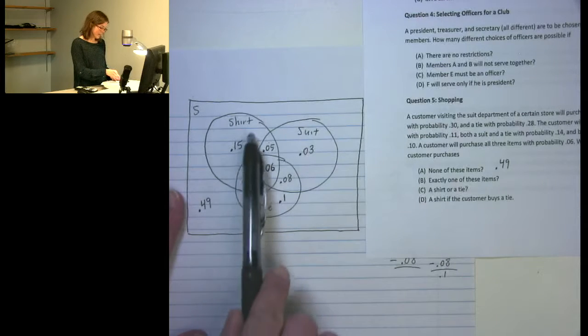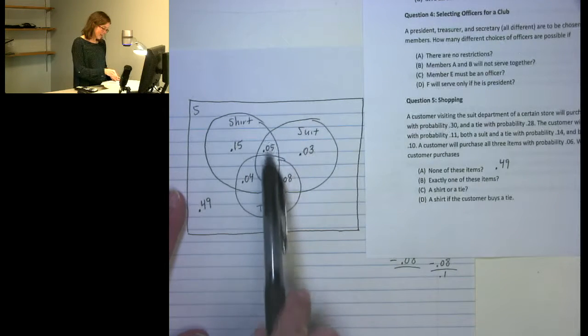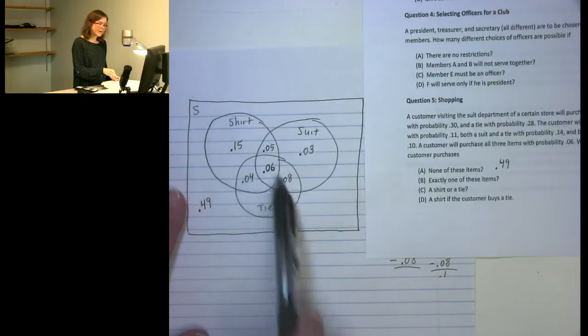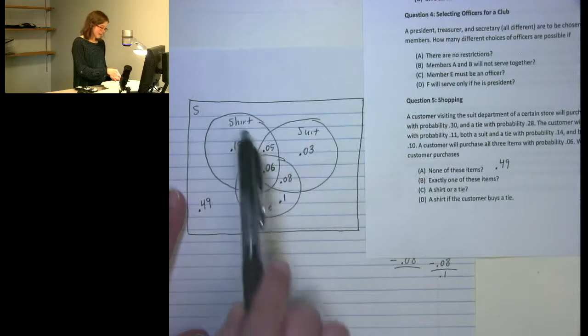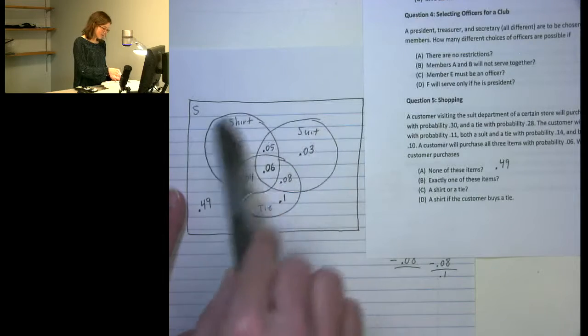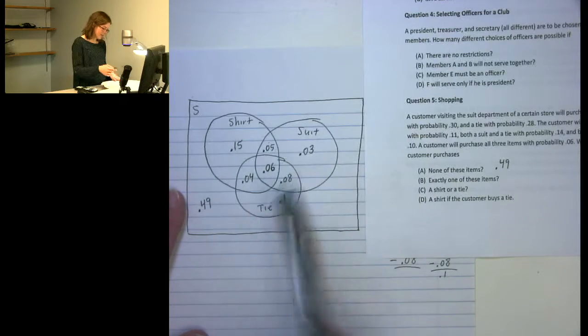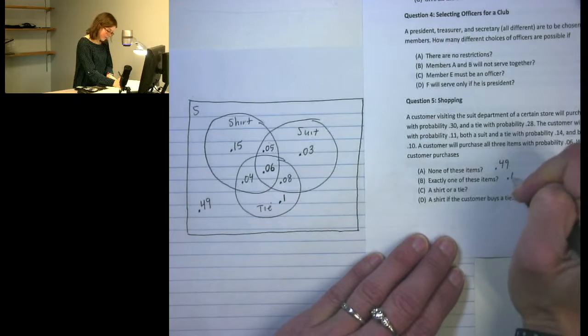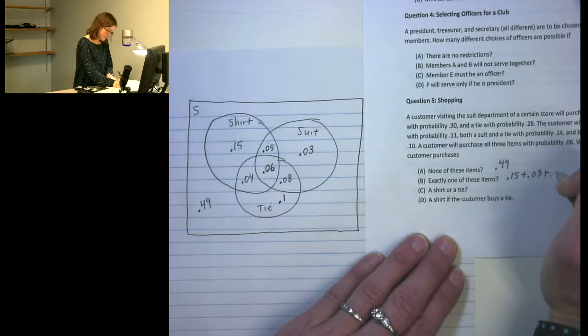Exactly one of these items: the people in the intersections are buying 2 or 3 items. Here's just a shirt, just a suit, just a tie. 0.15 plus 0.03, just a suit, plus 0.1, just a tie, gives us 0.28.